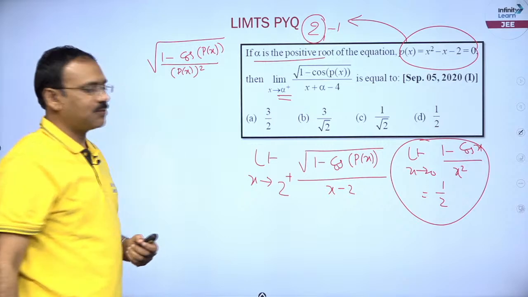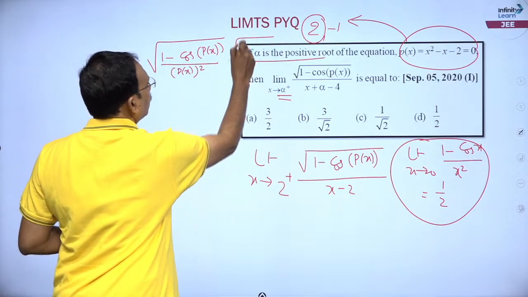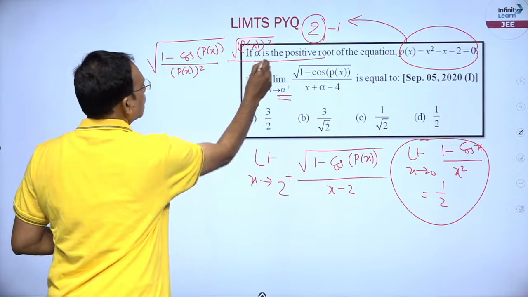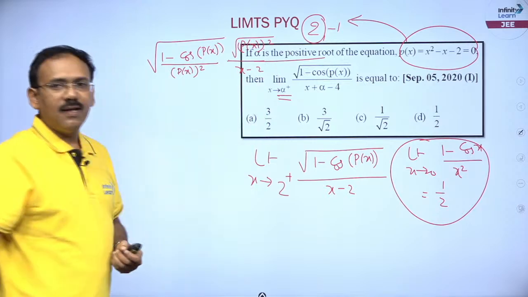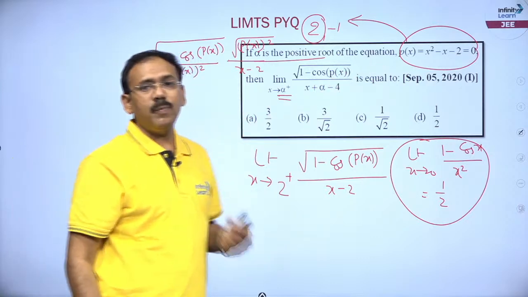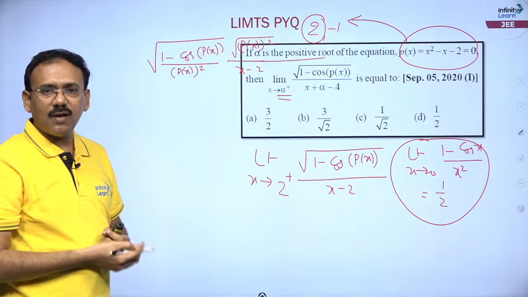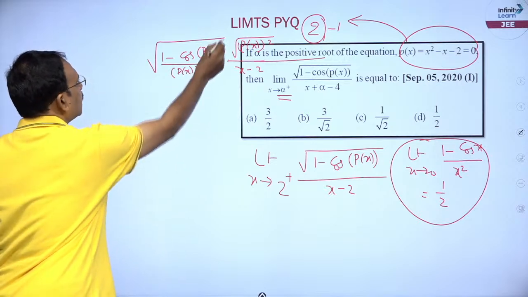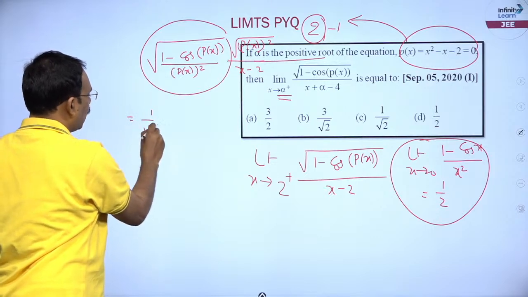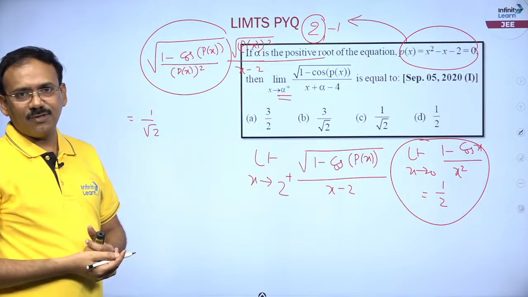Into that I write root of p of x whole square by x minus 2. Now clearly as x tends to 2, since 2 is the root, p of x goes to 0. So 1 minus cos x by x square goes to 1 by 2. So this limit part goes to 1 by 2 under root, 1 by root 2. So the major part I have taken out.